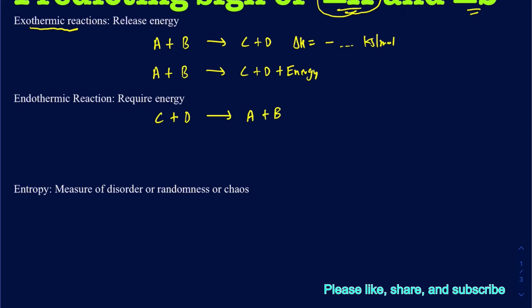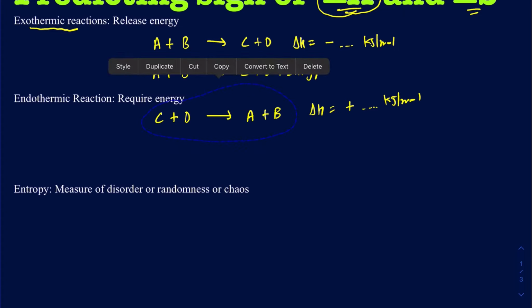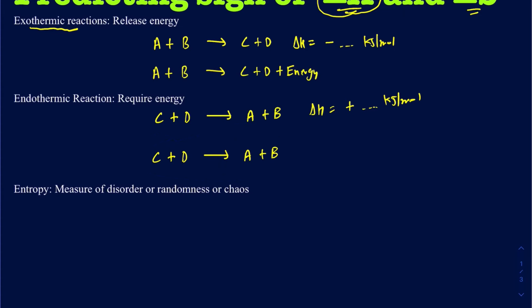So if this reaction is endothermic, I'm going to be having a positive value for the delta H per kilojoules per mole. And that's one way of writing it. The second way of writing this particular equation would be I can have your energy added onto the reactant side. So plus energy right here.